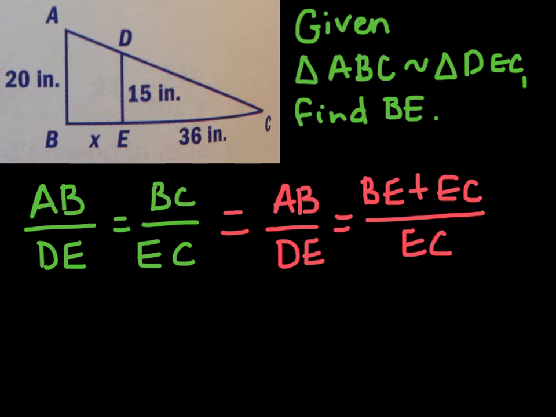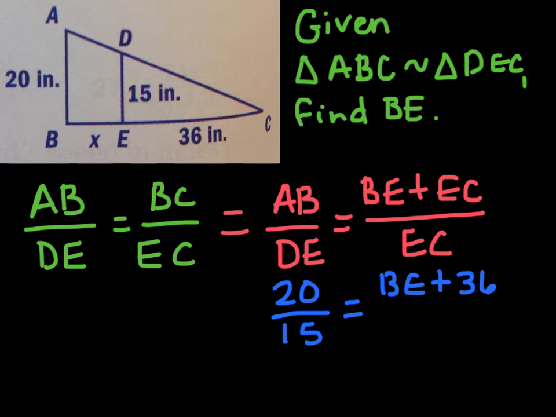Next, we substitute in the quantities we know. AB is 20 inches long. DE is 15 inches long. BE is our unknown quantity. EC is 36 inches long.